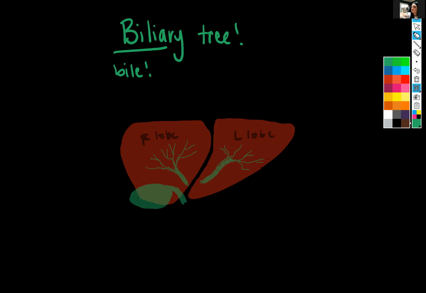So these tubes join up with each other, and then they travel a short distance as one tube until they meet with the cystic duct. So this is kind of a similar thing as the way naming of arteries works. And students get tripped up, right? Because they think if the artery is named something in one place, it stays named that all the way down. That's not true.